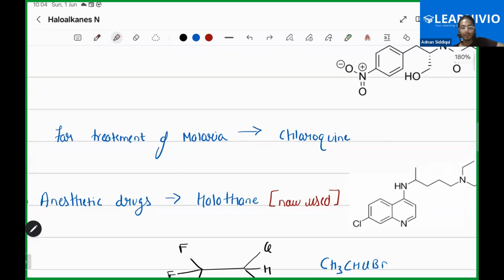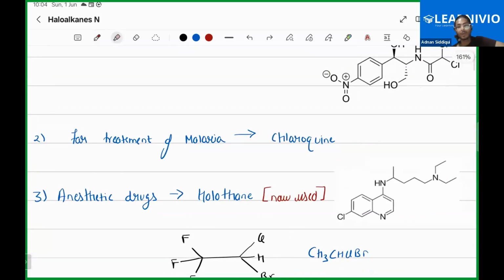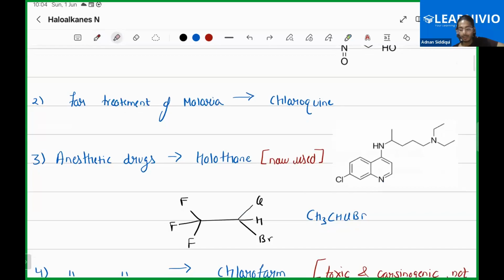For this we use a medicine called chloroquine, and this chloroquine structure looks like this. Again, this is formed by the contribution of haloalkanes. Here you must be seeing this chlorine part. This is a halogen-containing compound, so this is formed by a haloalkane. There were some starting reagents with the help of which we are able to produce this drug. So haloalkane is very important, right?